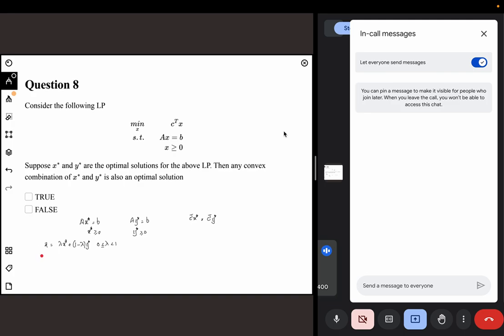Will it satisfy the constraint? Clearly, since x star and y star are positive and lambda is a positive quantity, let me put some numbers.